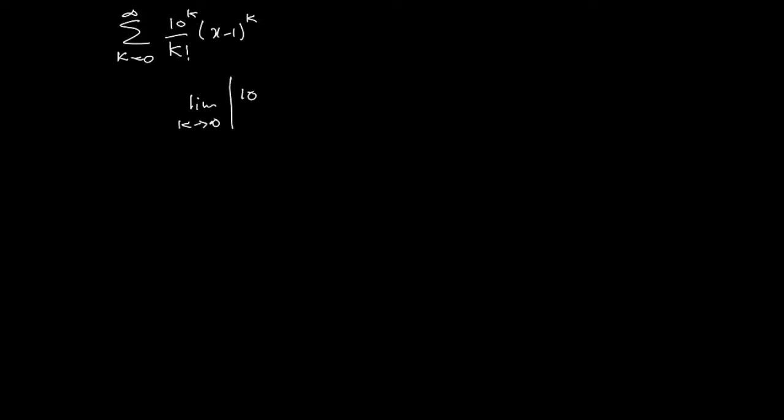That means the absolute value of 10 to the k plus 1 over k plus 1 factorial, times (x minus 1) to the k plus 1, multiplied by k factorial over 10 to the k times (x minus 1) to the k. That's just the reciprocal of the kth term.